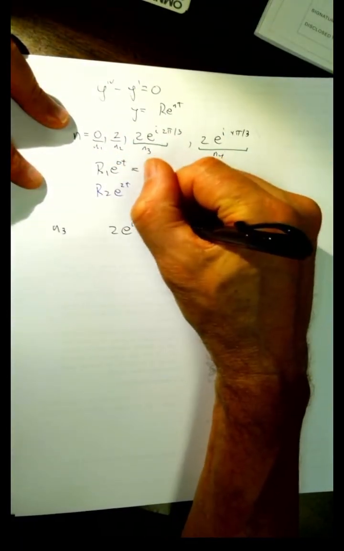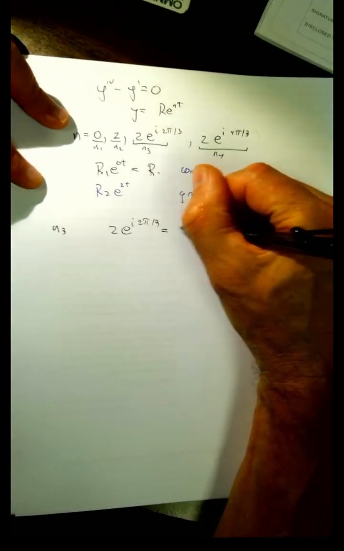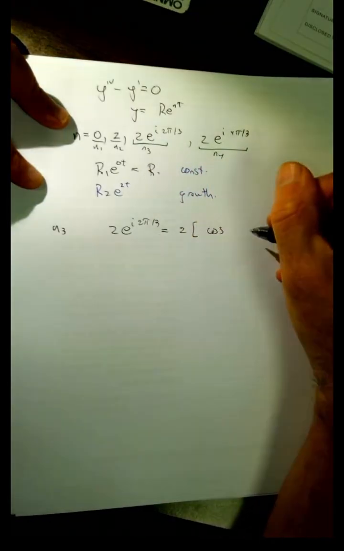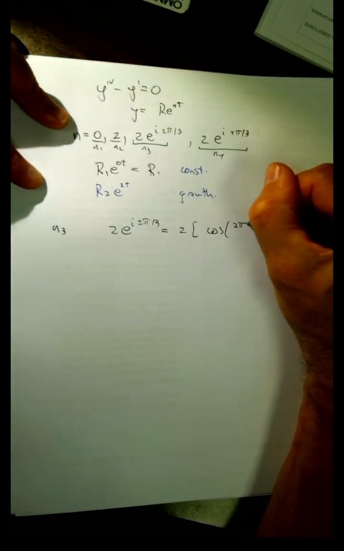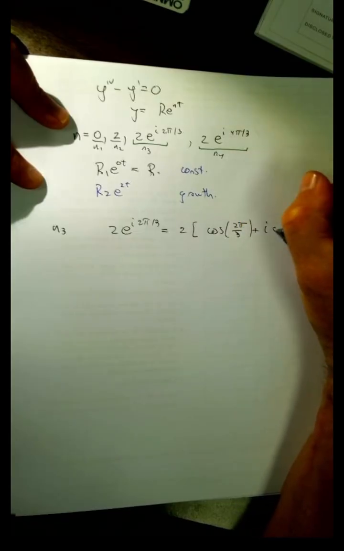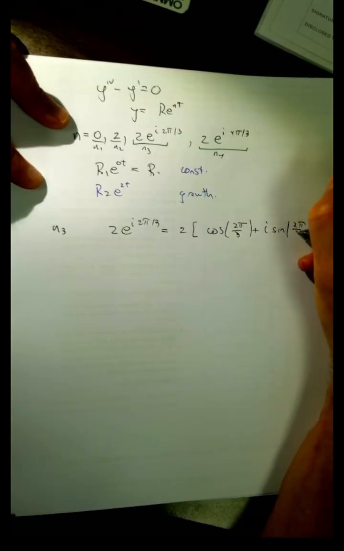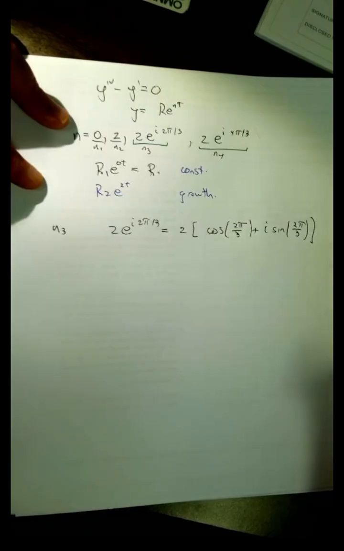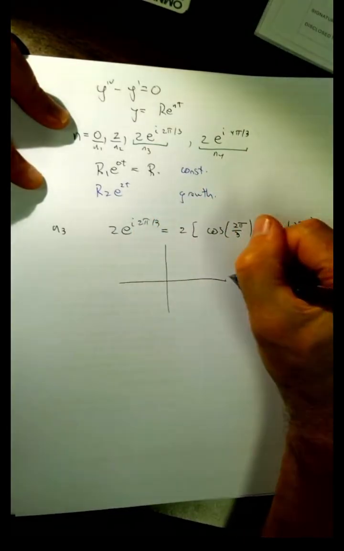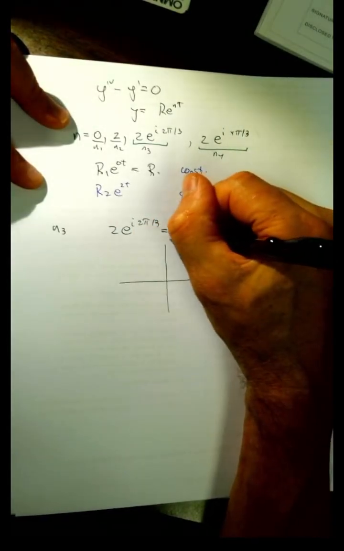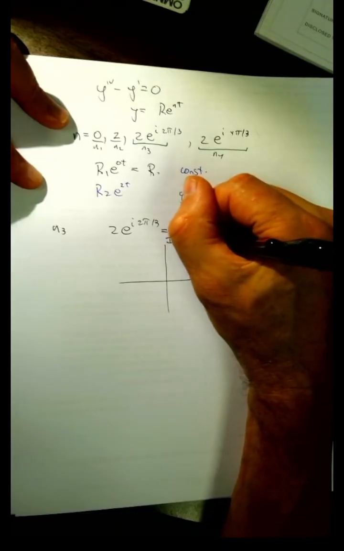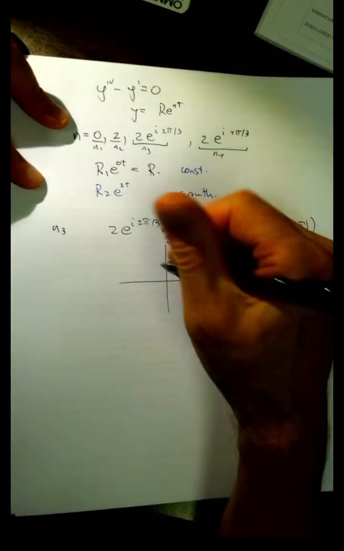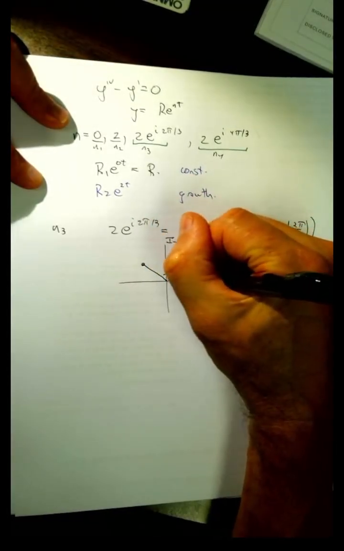For N3, I have 2 e to the I 2 pi over 3. This is going to be 2 cosine 2 pi over 3 plus I sine of 2 pi over 3. What is that? So 2 pi over 3 is going to be in the second quadrant.